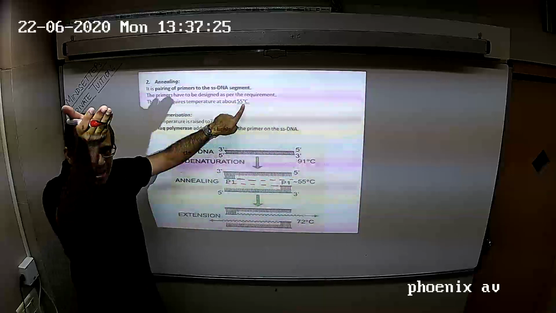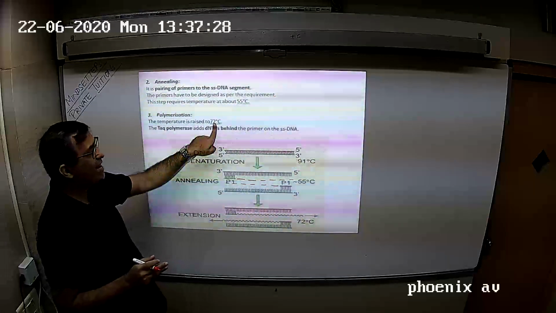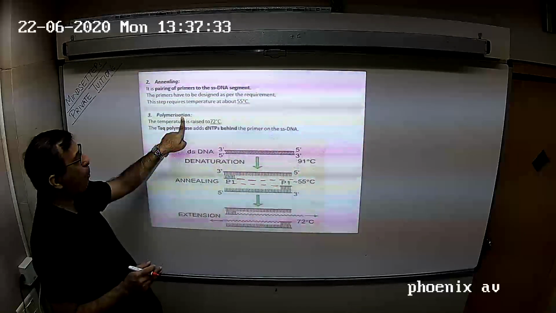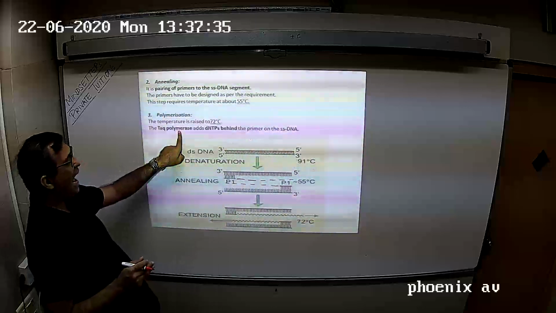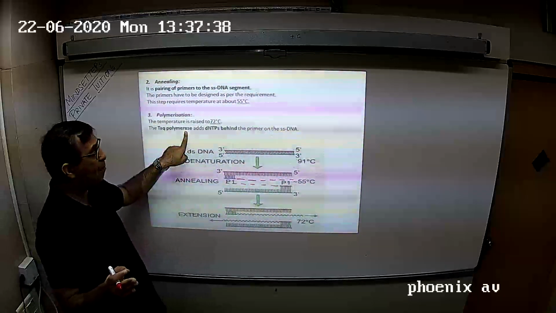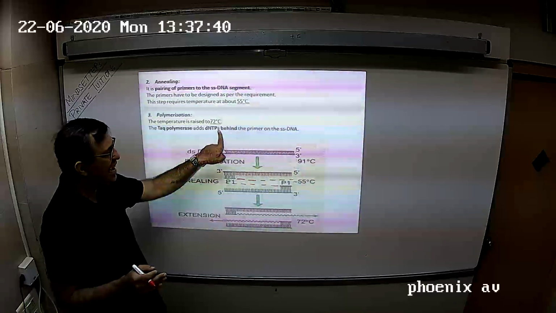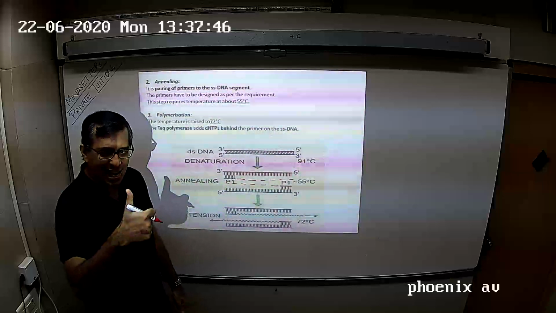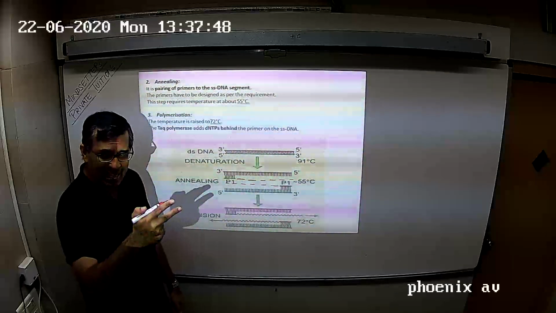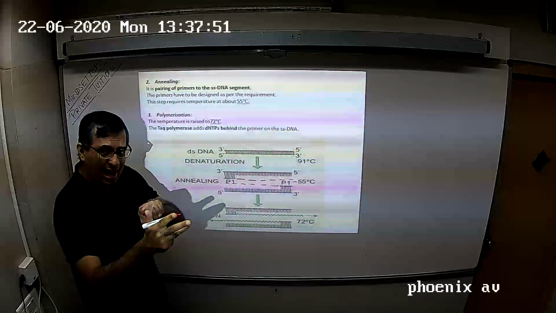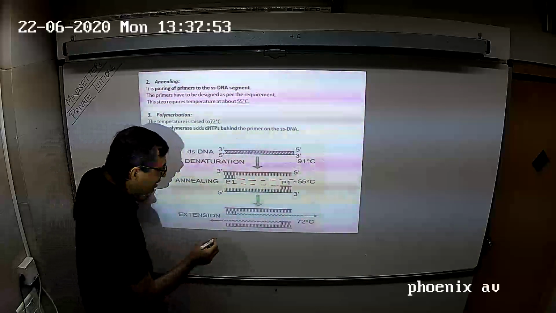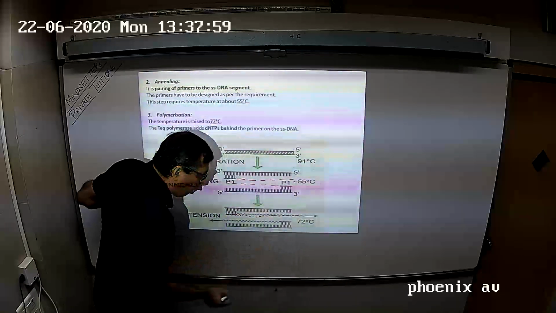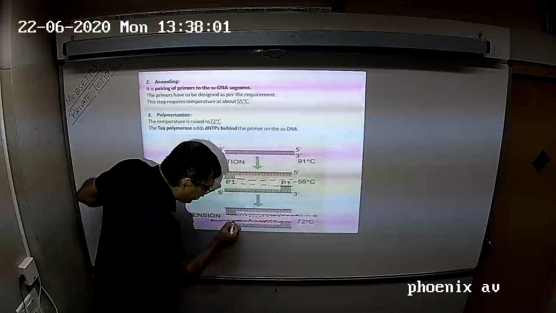Then we again raise the temperature to 72 degrees Celsius, which is polymerization. In polymerization, Taq polymerase or DNA polymerase adds the dNTPs to the primer molecule. So taking activated dATP, dGTP, dCTP, dTTP, Taq polymerase will start attaching new nucleotides in the forward direction as well as the reverse direction.